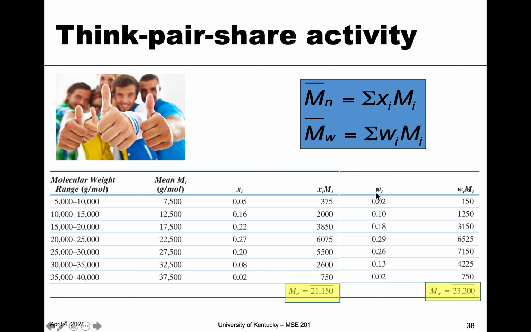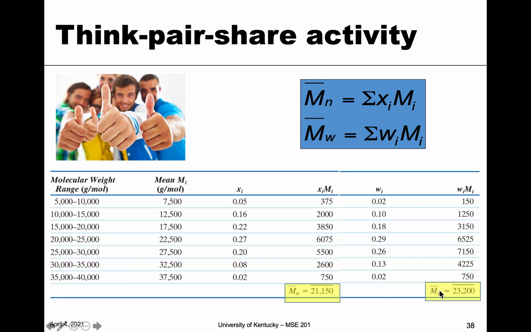If we instead multiply mi by wi, so multiply this number, 7,500, by 0.02 and get 150, and keep doing that for each range, then we can sum those up to get the weight averaged molecular weight. In doing that, we get 23,200 grams per mole.